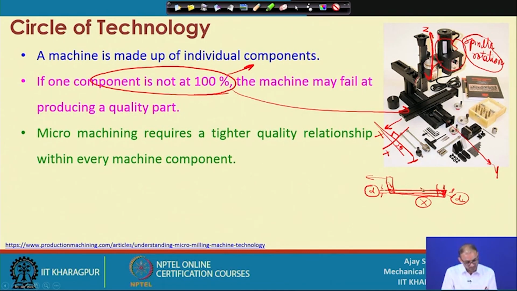So, your tool may bend, it may also break. You end up with the breakage of the tool and rejection of the workpiece. So, each and every small thing you have to be very careful about in designing the component, and you also have to see that after 6 months or after 1 year your machine is exactly giving the same result. That is called calibration of the machine, which is very important in the micro machining domain.